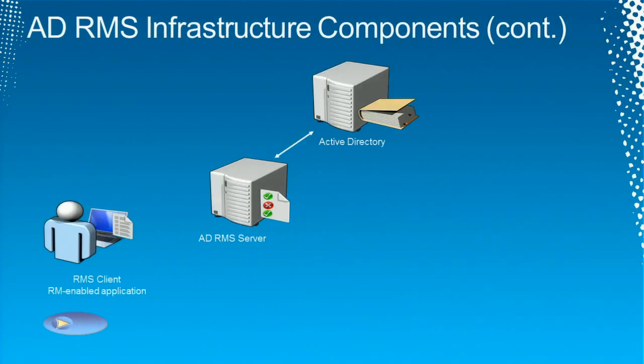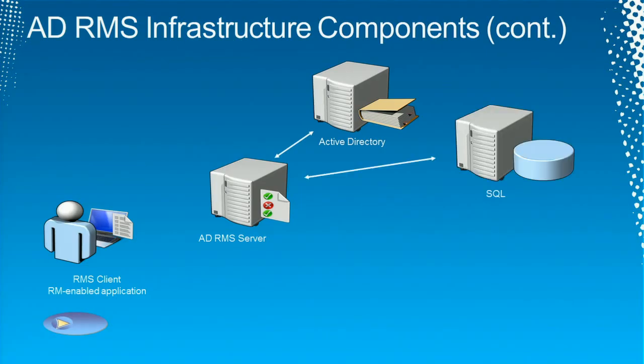Moving on. From the infrastructure component, here's what we're dependent on. We have the AD RMS server, which ships in Windows Server 2008 and Windows Server 2008 R2. The components that we're dependent upon are Active Directory and SQL Server. Active Directory we use for a couple of things: one is group expansion, and two is to provide the client the capability to discover where the RMS server is.